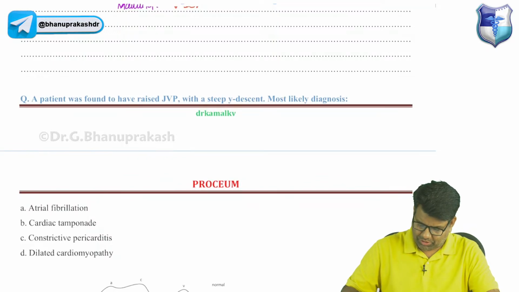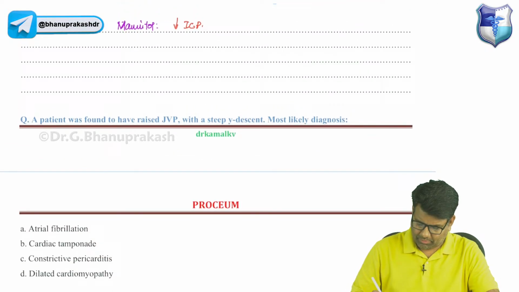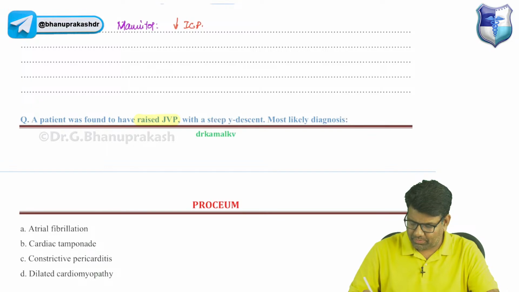Now, next question. A patient was found to have raised JVP, steep Y descent. What can be the diagnosis? Steep Y descent. Very good. The answer is constrictive pericarditis.